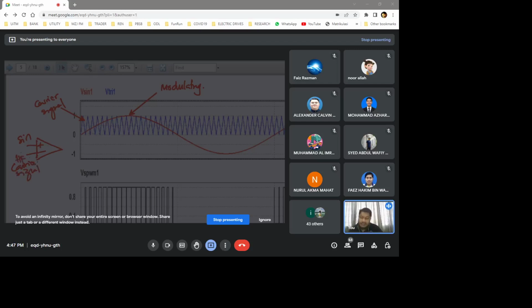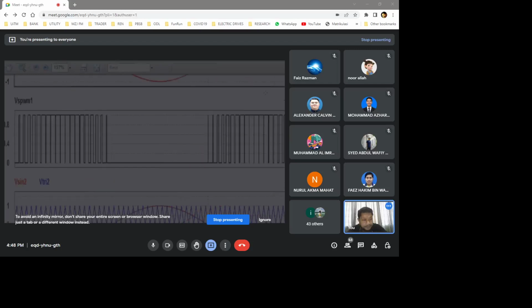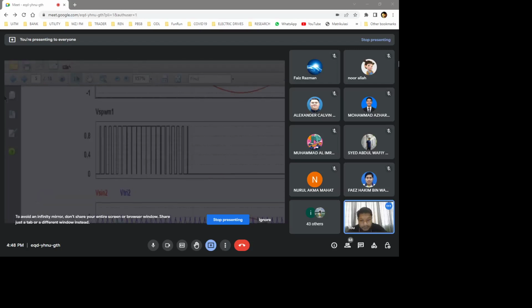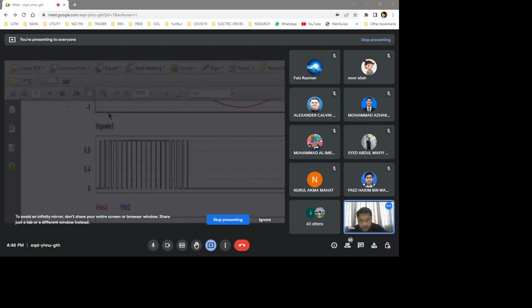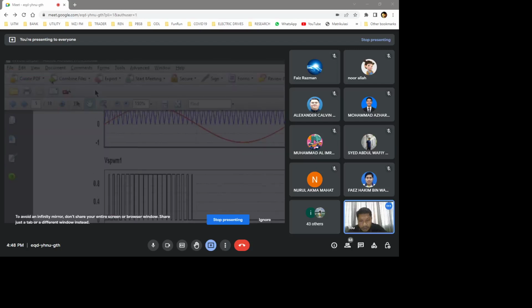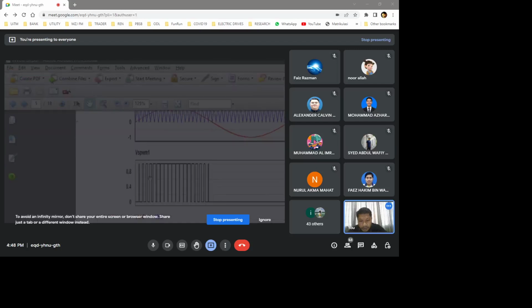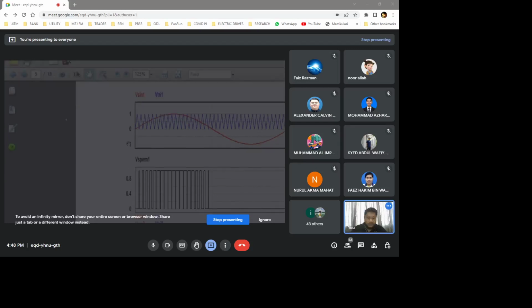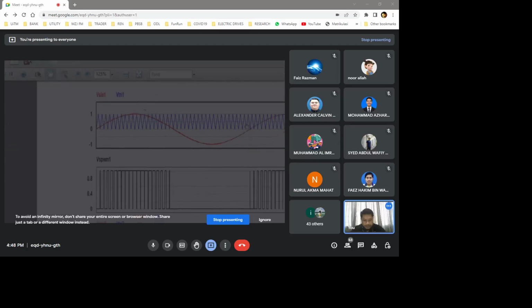Whenever the sinusoidal signal is greater than the carrier signal, it will produce a pulse of 1. So look at this waveform. If I can zoom it properly. Look at the center here.